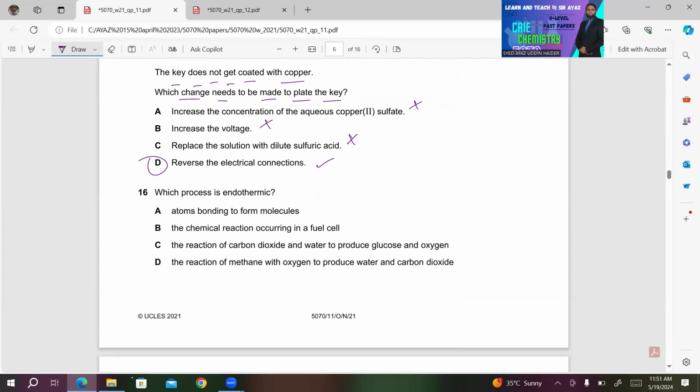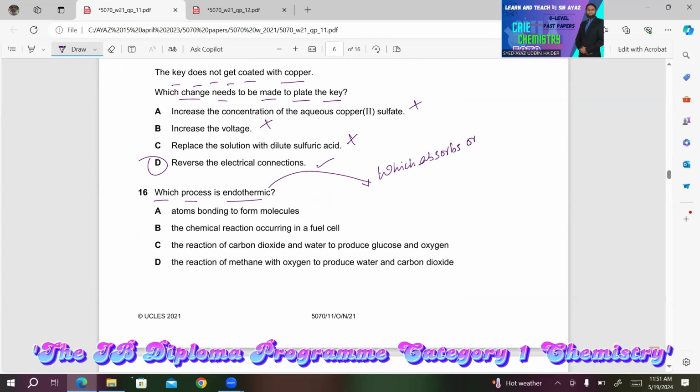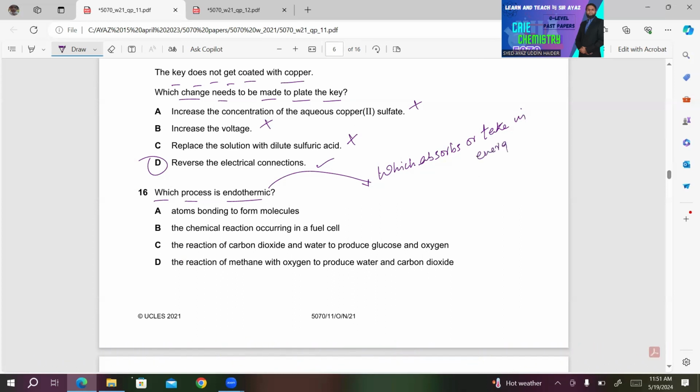Number 16. Which process is endothermic? What are endothermic processes? Those which absorb or take in energy. A. Atoms bonding to form molecules.